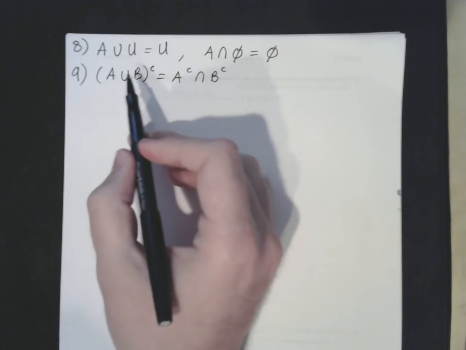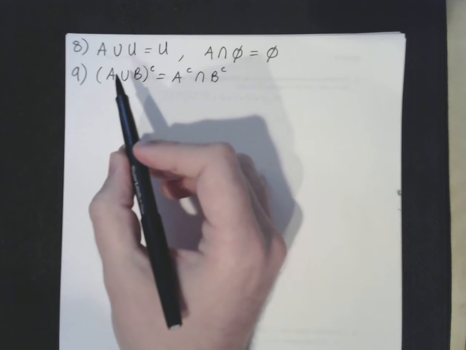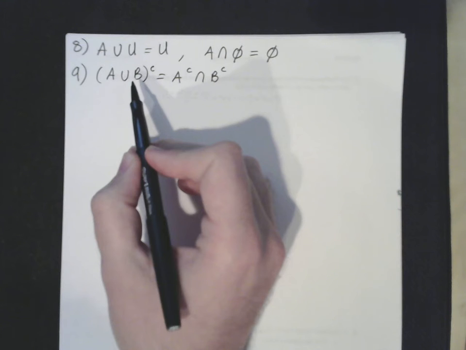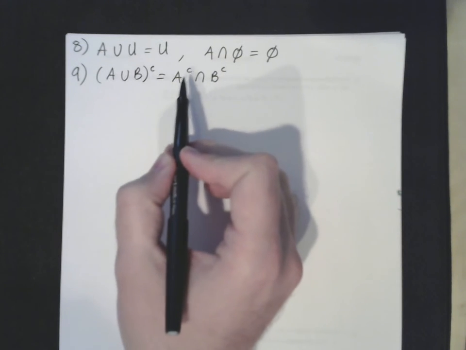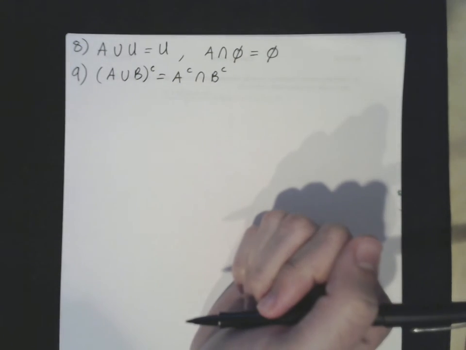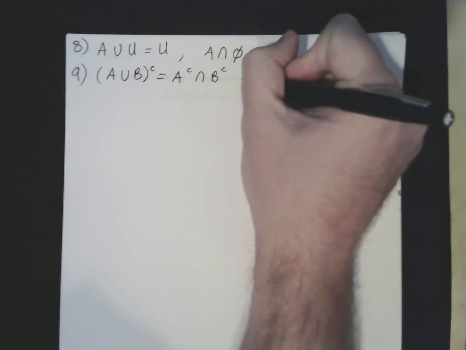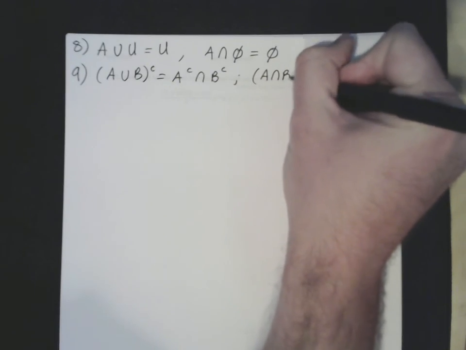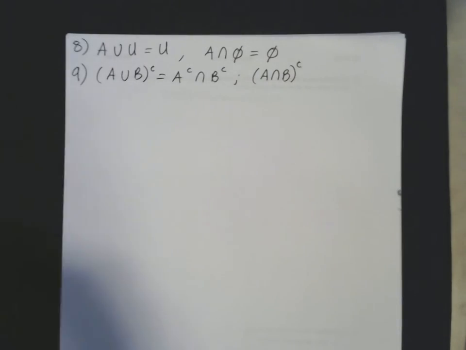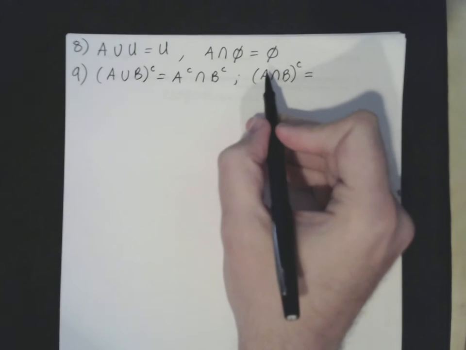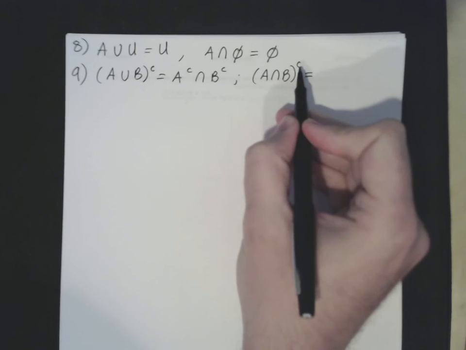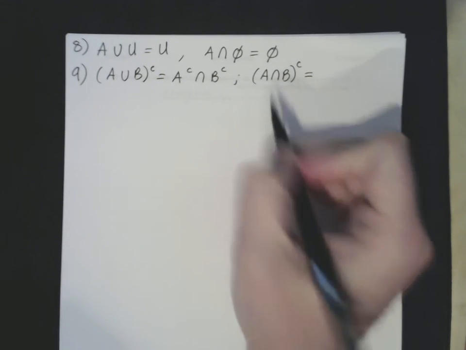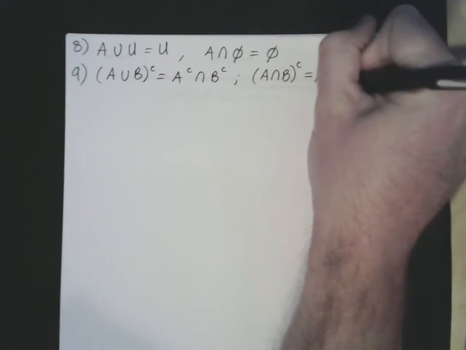This is everything in A, and this is everything in B. So we want everything that's not in A and not in B. So that's everything not in A and everything not in B. And then we also have the complement of A intersect B. This is everything in A and B. And so the complement is everything not in A and B. So you can think of this as negating the conjunction, and we know that's going to give us the disjunction.